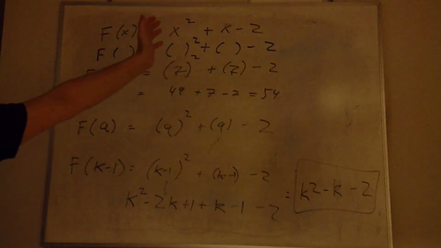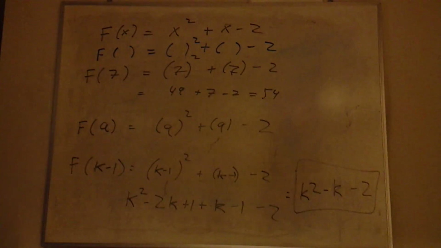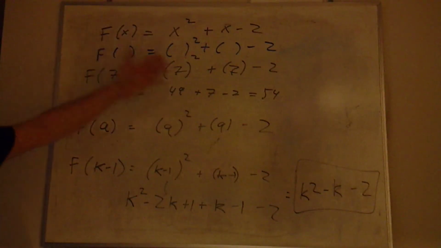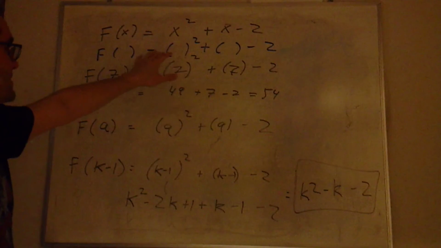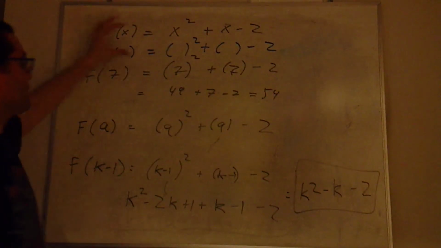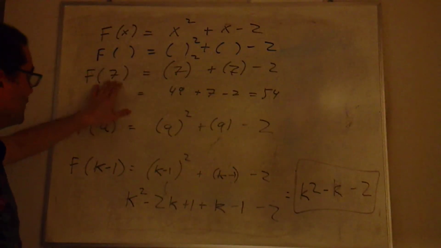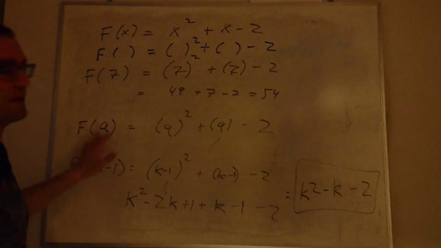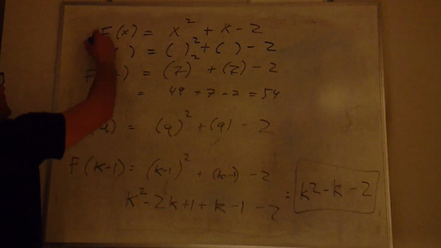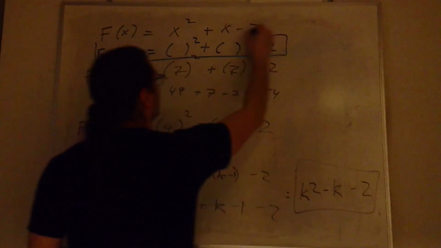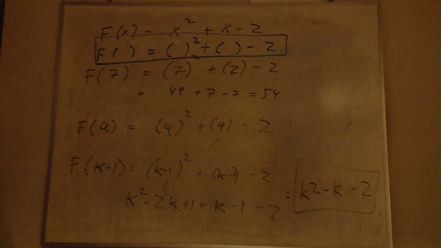We have a lot of practice thinking about these in terms of the presence of x's. So taking the x's out and writing this as a bunch of empty parentheses that you can replace with whatever you like, 7s or q's or k minus 1s or whatever else you have, I think this is a really good way to think about function evaluation.